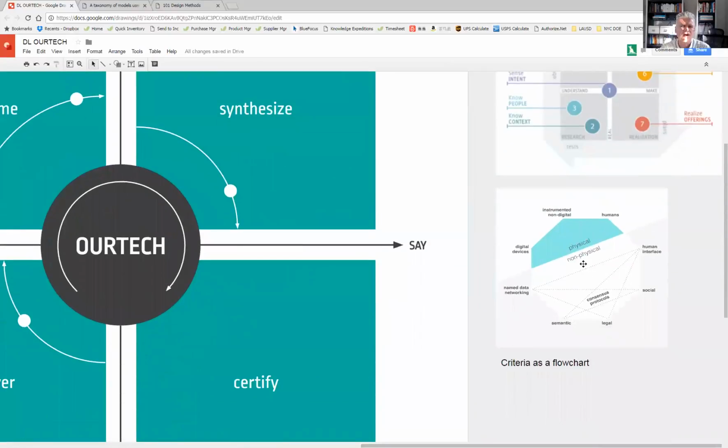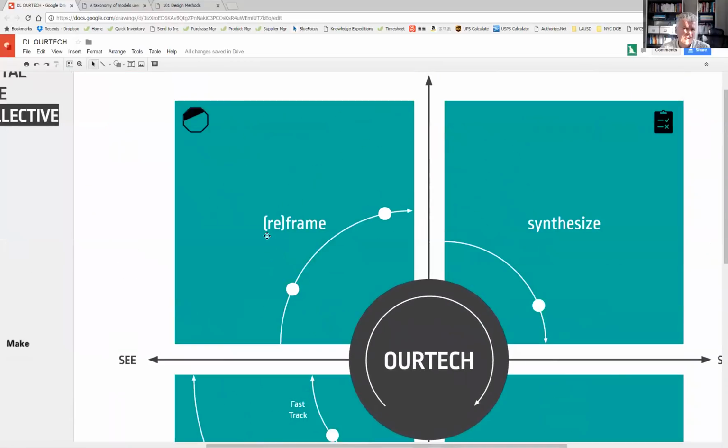There's physical and there's non-physical properties of these technologies, and they have to fit into looking at it from a different perspective of the human interface, the social impact, the legal implications, semantic ways and directions you want to take this product. So that's kind of the reframing stage where you put it into the context of what we already know and where does it fit into the landscape.